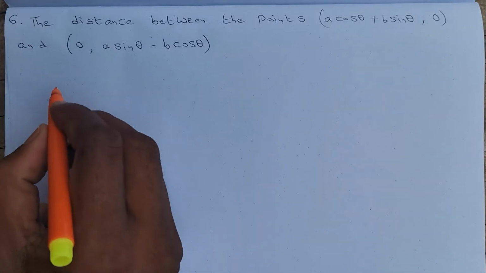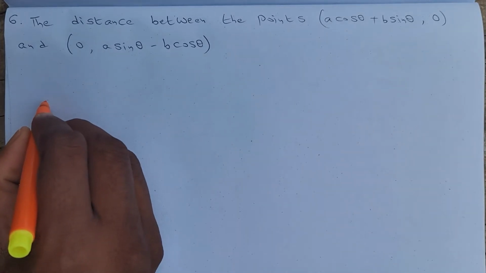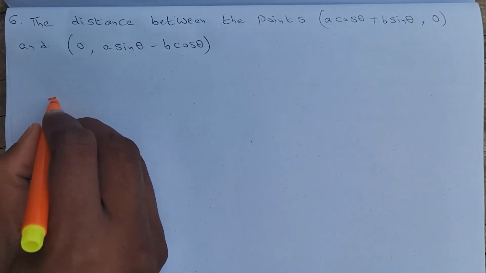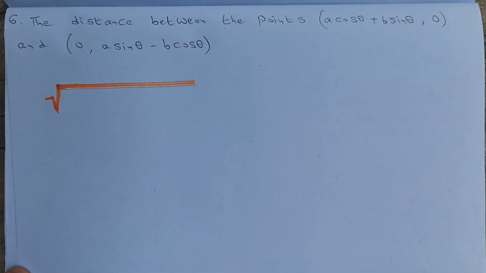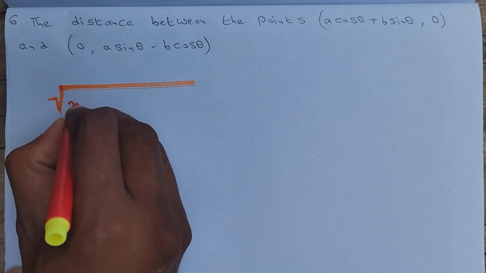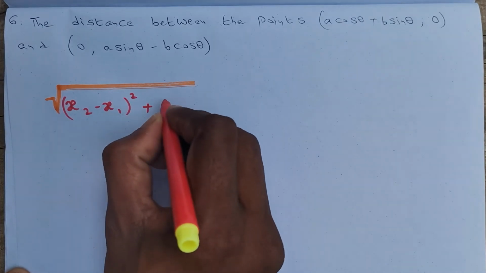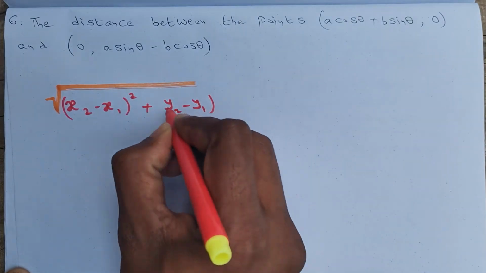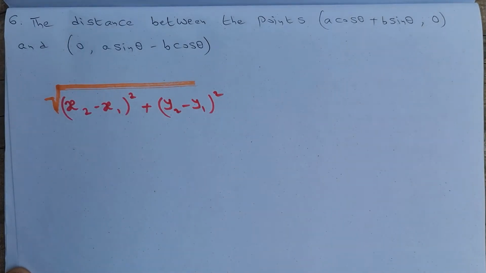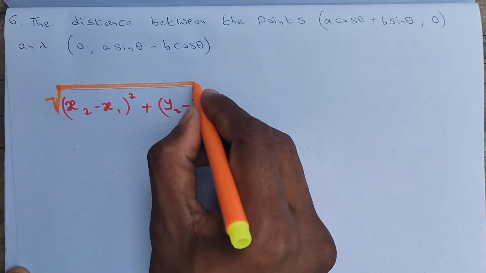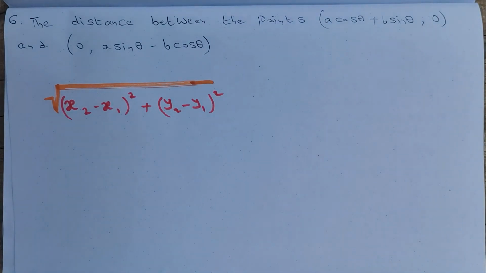We already know the formula of distance between two points, that is under root x2 minus x1 whole square plus y2 minus y1 whole square. This is the distance formula: under root x2 minus x1 whole square plus y2 minus y1 whole square.